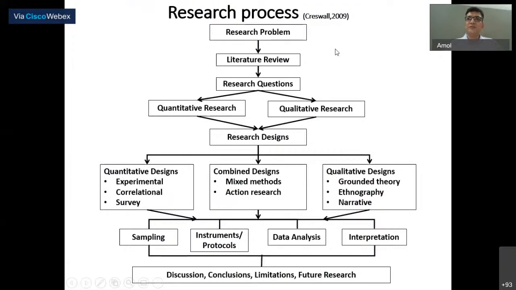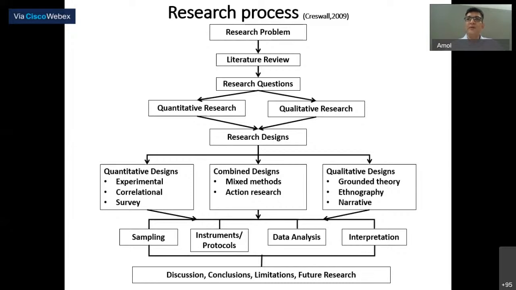In this research process, we start thinking about carrying out any research when we face any issue or any problem that may be there in our educational setting, that may be there in a clinical setting. We encounter some problem, some controversy, some issue, and then we want to solve that problem.